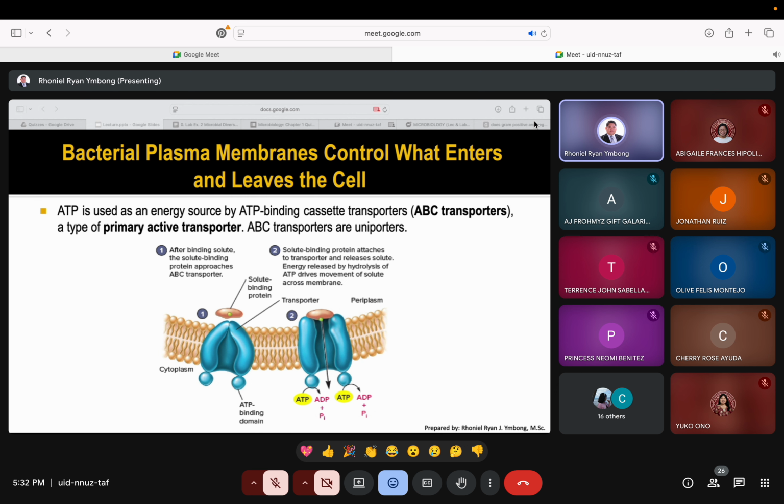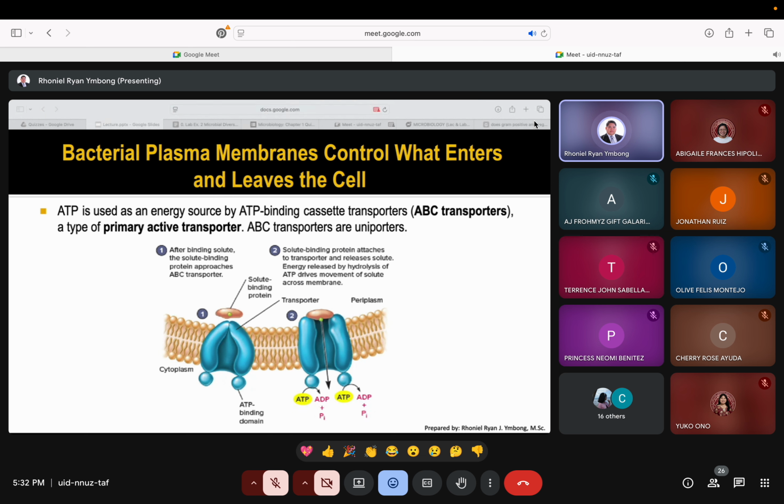cassette transporters. But take note, if you try to look at the number of unique materials and the directional movement of the material, there is only one type of material at a given time that is being accommodated by your primary active transport, and there is also one directional movement of your solute or your nutrient.